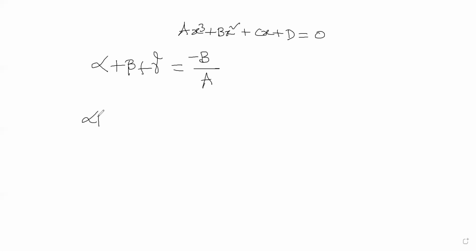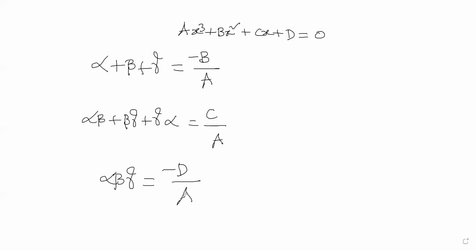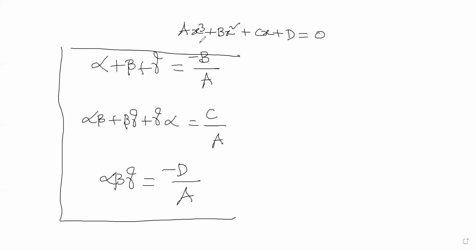And alpha beta plus beta gamma plus gamma alpha happens to be c by a. And alpha beta gamma, the product of the roots, is minus d by a. Make a note of this and keep it. This is very essential in solving any cubic polynomial.